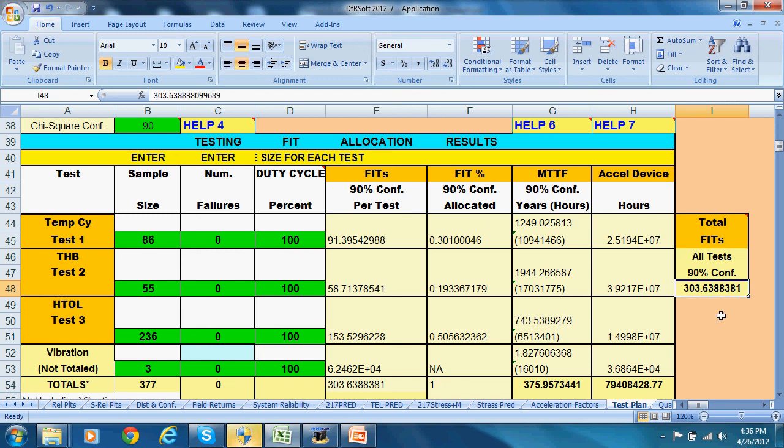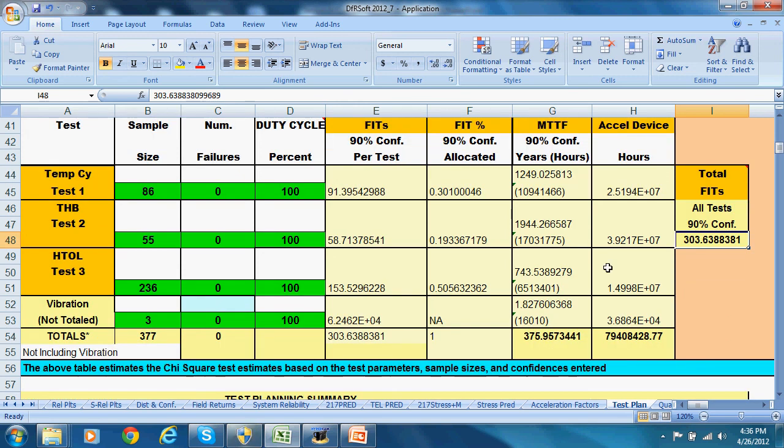And it says that we're achieving for this combined test, with those sample sizes and the number of failures that we're planning for, 303 fits. And also the MTTF is provided for each under this line right here in the totals.